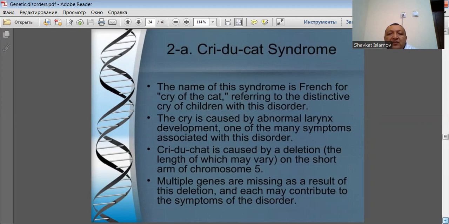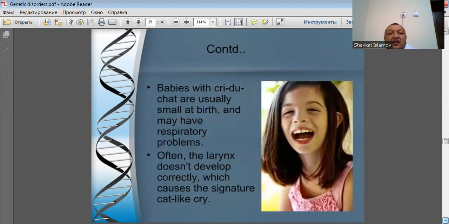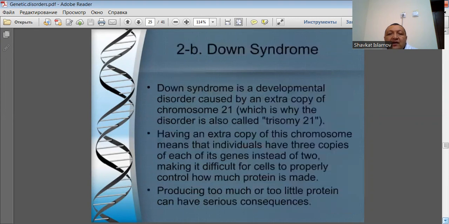Multiple genes are missing as a result of this deletion, and each might contribute to the symptoms of the disorder. Babies with Cri-du-chat are usually small at birth and may have respiratory problems. Often the larynx doesn't develop correctly, which causes the characteristic cat-like cry.